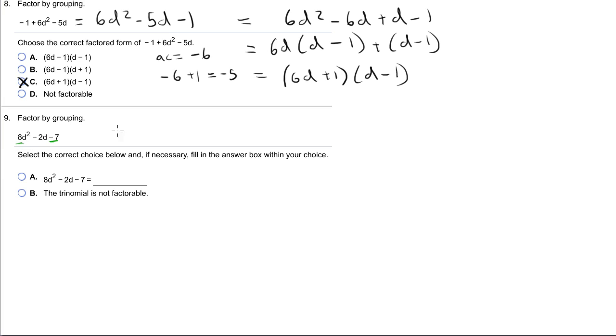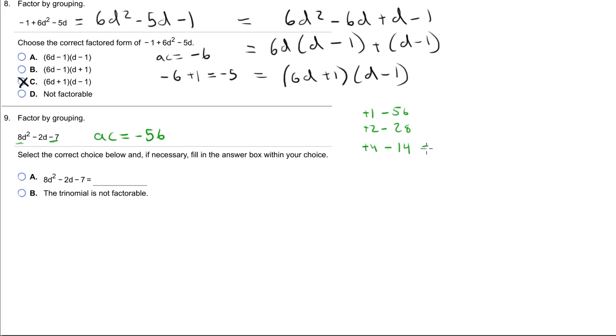8d squared minus 7, AC is going to be a negative 56. Let's start working through some pairs of factors. Plus 1 minus 56, no. Plus 2 minus 28, no. Does 3 go into there? No, but 4 does. Plus 4 minus 14.